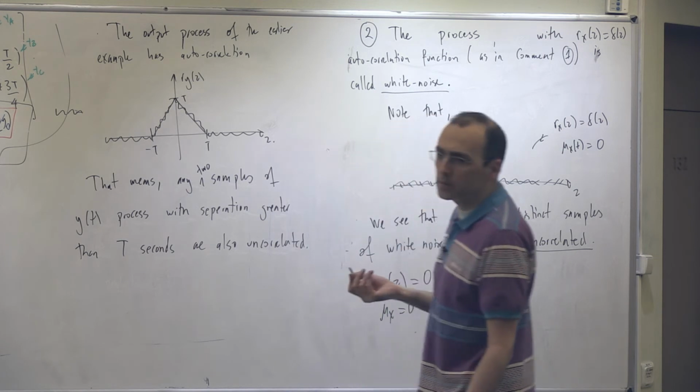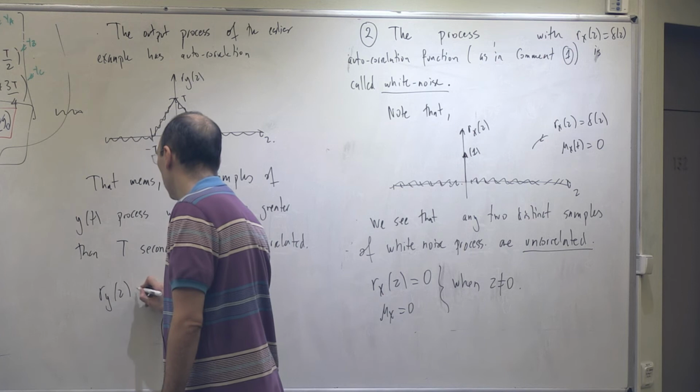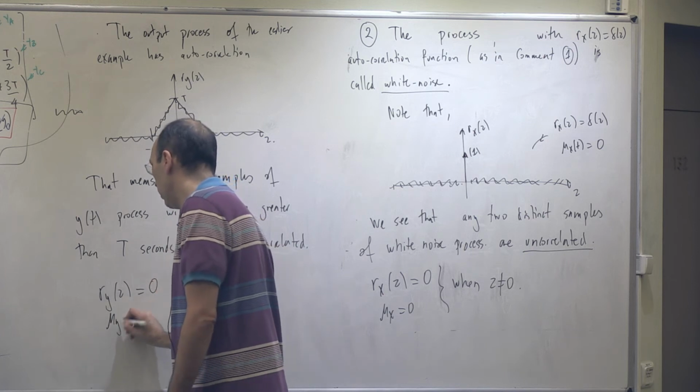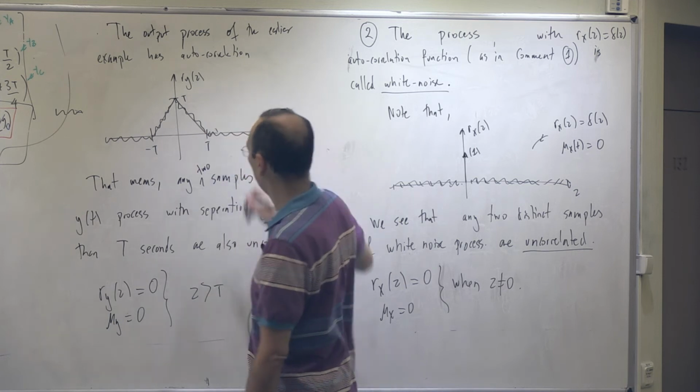Actually, this is not news because Ry of tau is equal to 0 and mu y is equal to 0 for tau greater than t from this function, clearly.